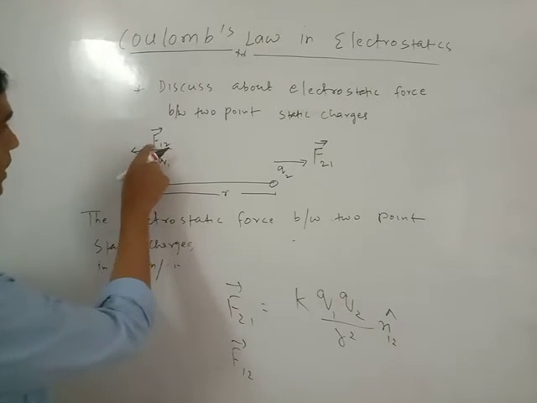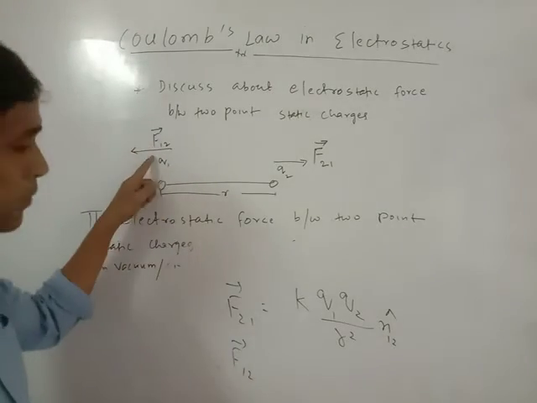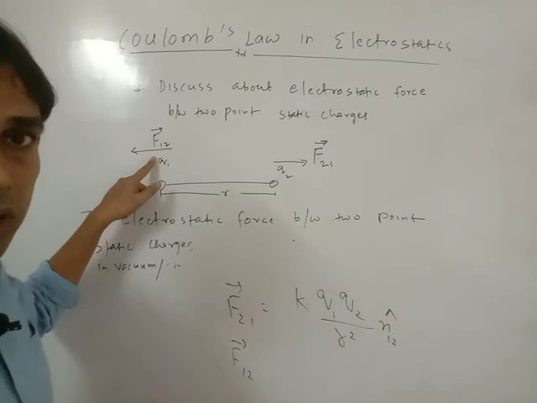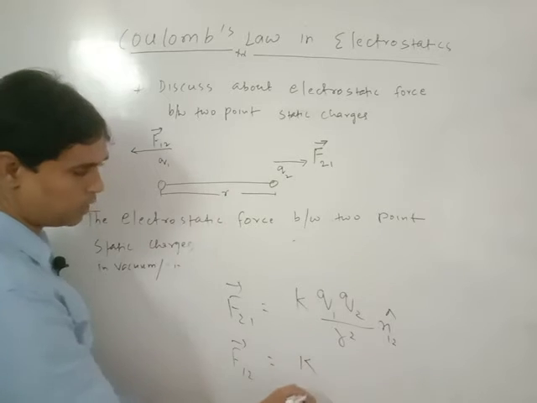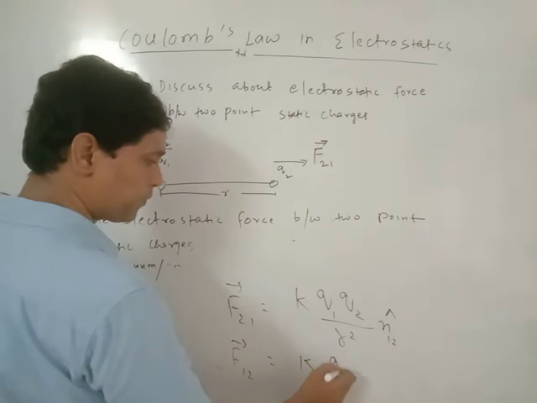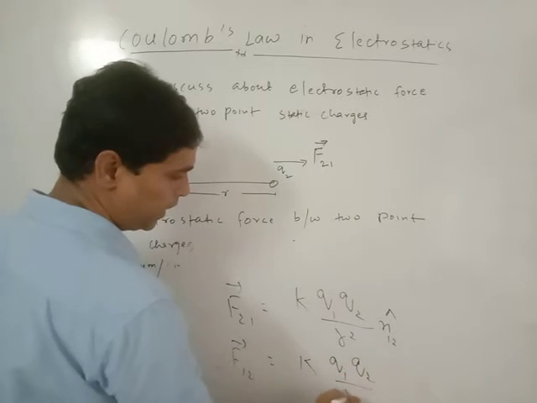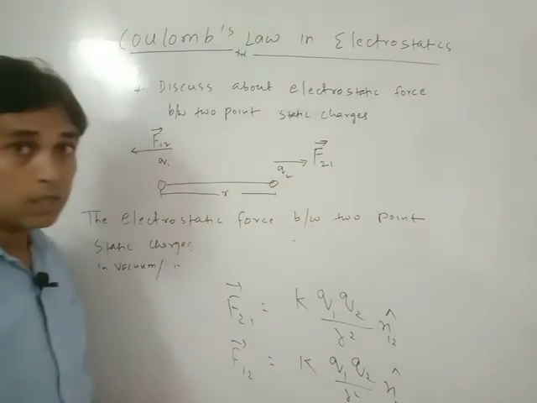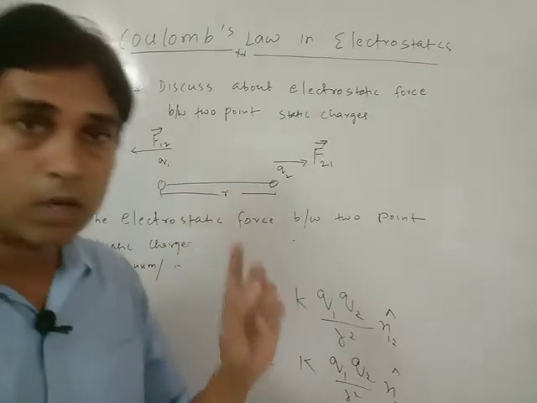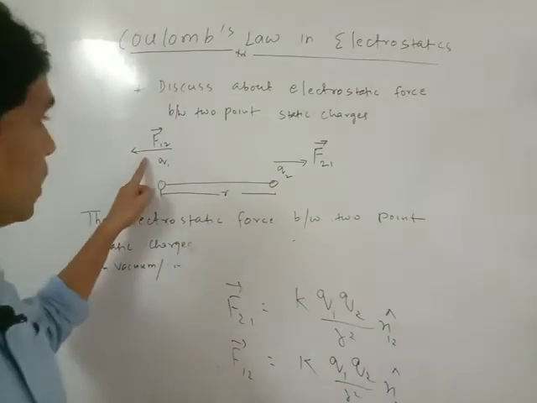F12 is equal to K Q1 Q2 by r square n cap 21, because n cap 21 is a unit vector which gives the direction of F12.